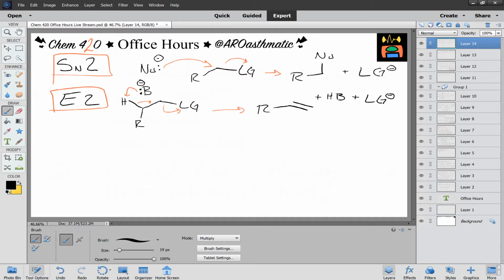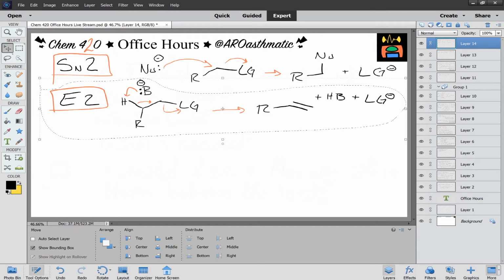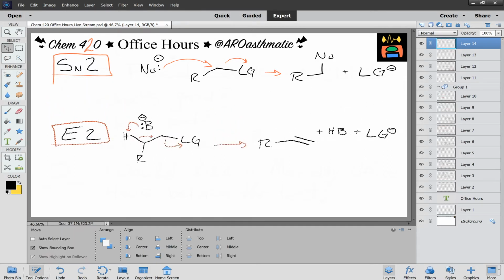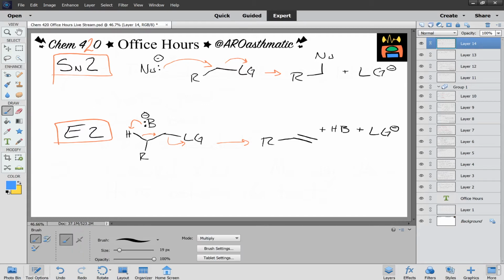The first, and this is in no particular order, one deal breaker for E2 is, if the leaving group is attached to the alpha carbon, that means that the hydrogen we're eliminating is beta. An E2 mechanism must have a beta hydrogen. If it does not, then there's no dice.